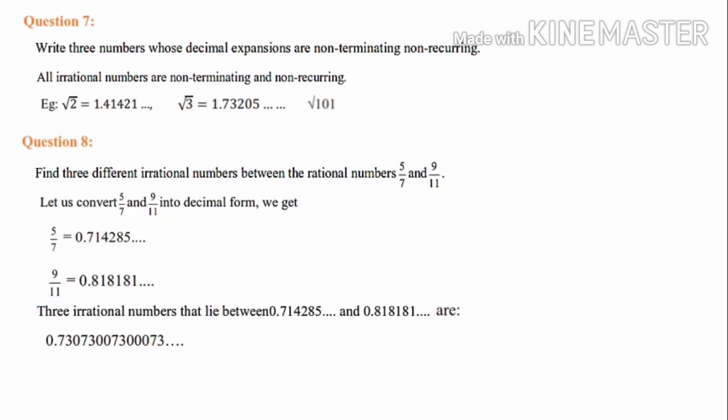One more 0 I have added, and the next step, 730000, etc. Once again, in the first set I have taken 730, then the next set 7300, then the next set 73000 with 3 zeros, and it goes on continuing. So this is the format that is non-terminating and non-recurring.